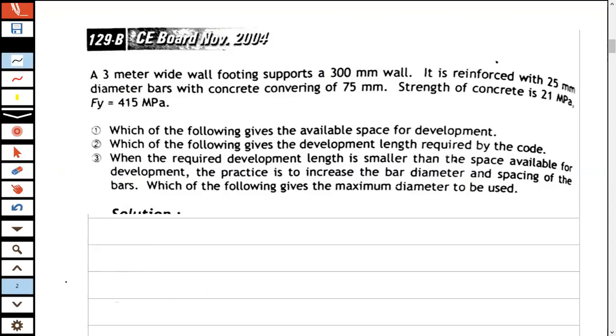So you have here this footing. You have 3 meters. And then you have here a 300-millimeter wall.